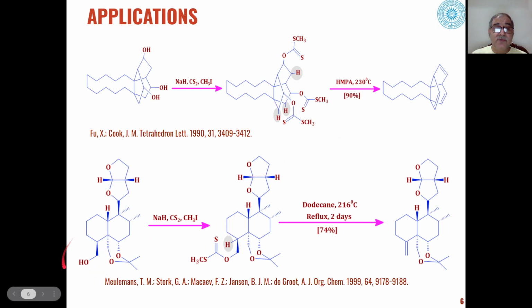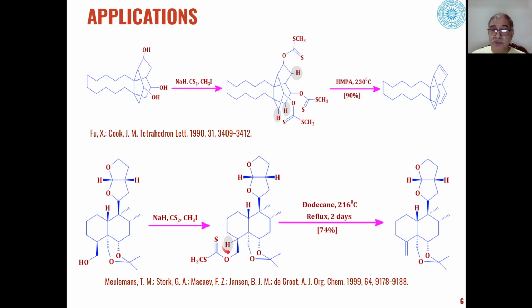Then these types of alcohols, which are optically active due to the presence of so many stereocenters in the substrate molecule, when they are reacted with sodium hydride in carbon disulfide, followed by reaction with methyl iodide, then the corresponding xanthate esters can be formed very easily. And then this is alpha carbon, this is beta carbon.